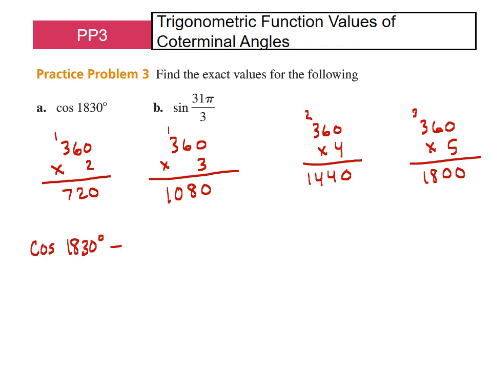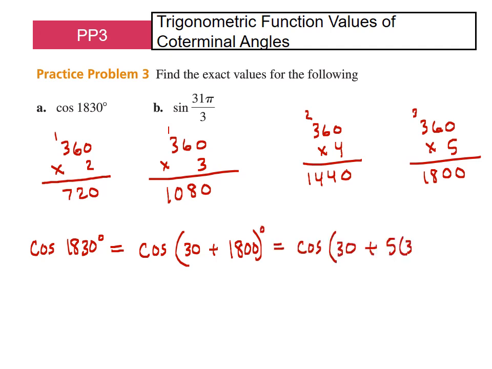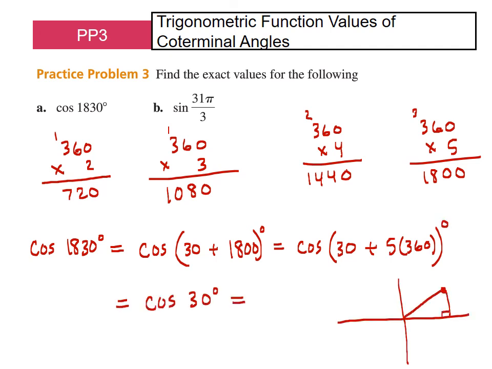So let's see. Cosine of 1,830 degrees is the exact same thing as cosine of 30 degrees plus 1,800, which I know to be 5 revolutions anyways. And again, if you want to do the rest of this, that's fine. What I would probably do is not go around the horizontal method.